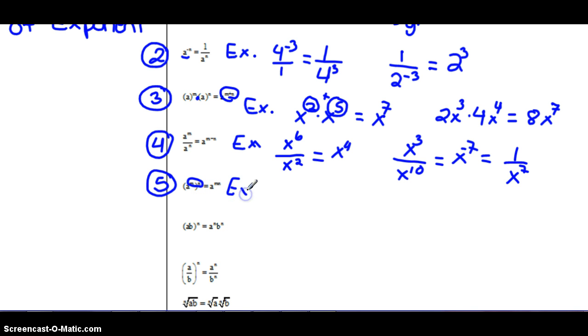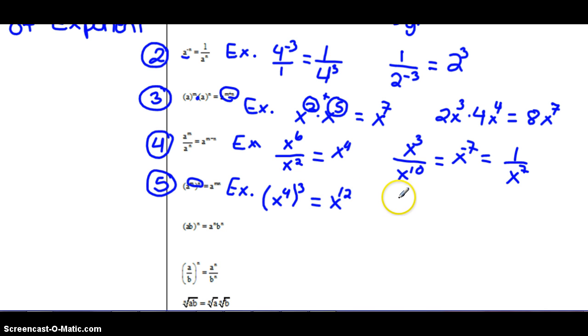For example, if I have, let's see, x to the 4th, but then I raise it to the 3rd. What I'm saying is I'm going to take x to the 4th 3 times. So that means I'm really going to have 12, right? x to the 12th. I'm going to have 12 x's by the time I'm done.